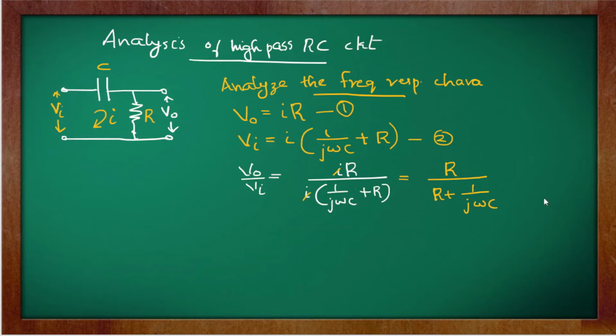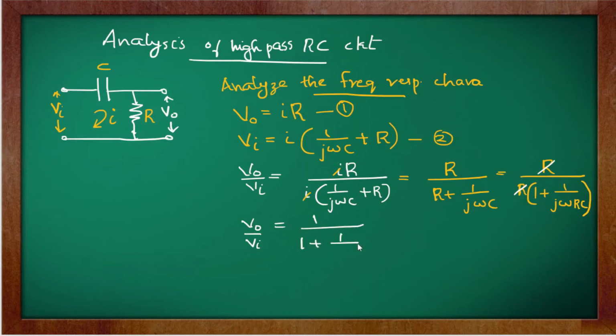Now let us take R outside from the denominator. So V0 by Vi is equal to R divided by R into (1 plus 1 by j omega RC). The R terms will cancel, and what I am getting is V0 by Vi is equal to 1 divided by (1 plus 1 by j omega RC).